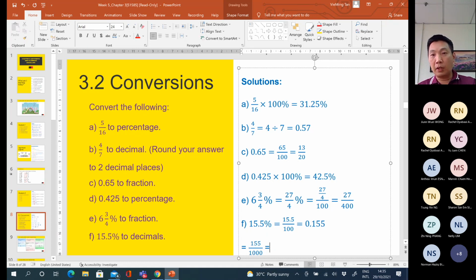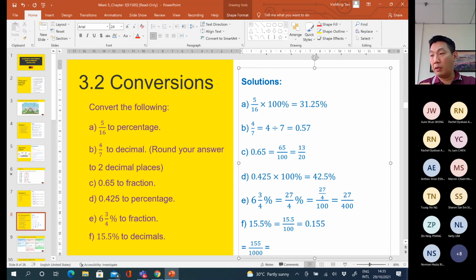Then you can use a calculator to help you simplify this number into fraction number. You can use the ABC button. If you're using the calculator in your Form 5, you should be able to use the ABC button. You press 155, then ABC button, followed by 1000. Then you can convert the answer into fraction number.